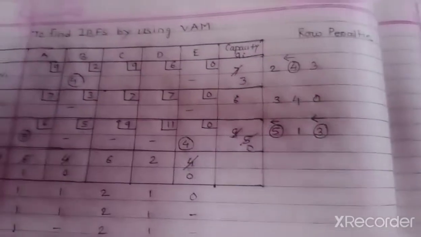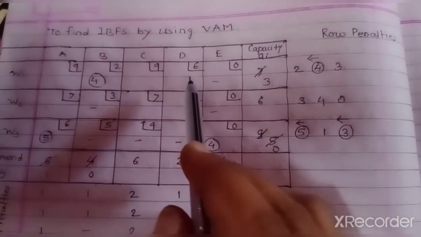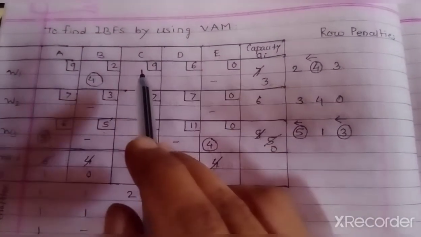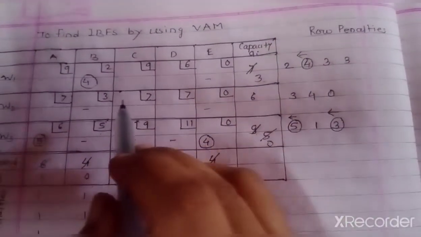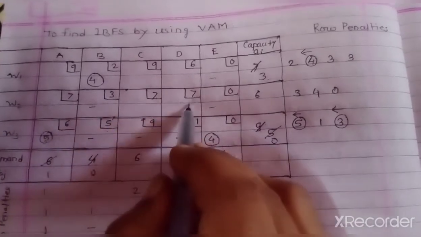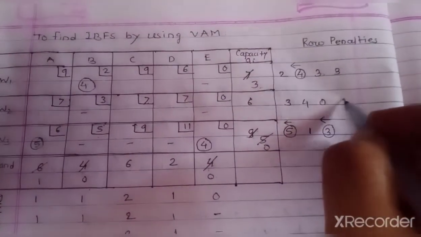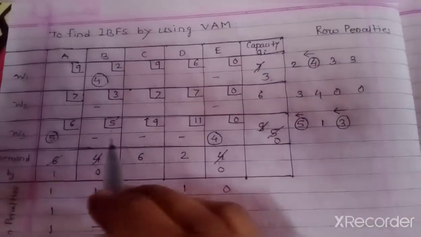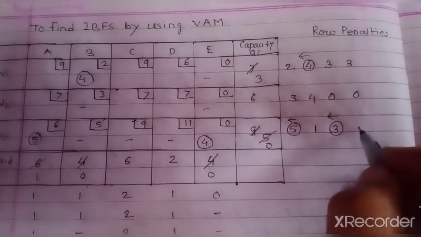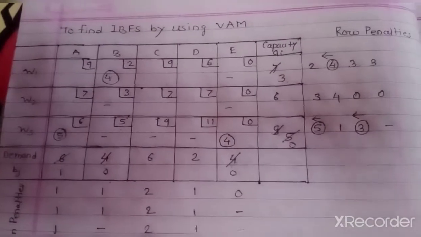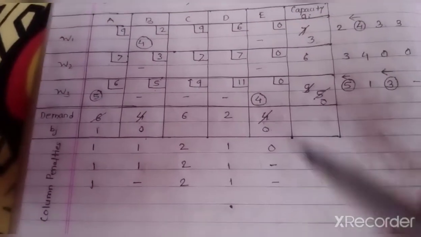Again find out our next penalty. So the least cost is 6, next least cost is 9, difference between them is 3. In the next row the least cost is 7, so its difference is 0. In the next row the capacity becomes 0, so we write down a dash here. We follow the same procedure for the column also.